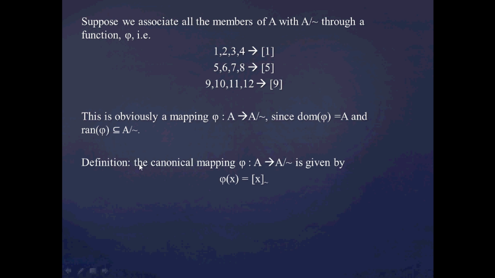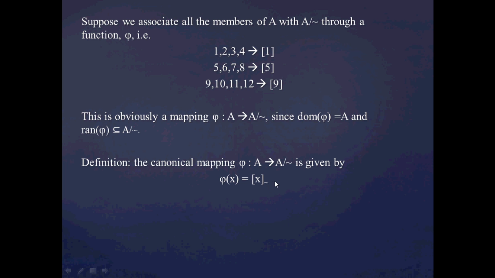So as I hinted before, we're going to define the canonical mapping phi from the set A into, and I'm going to claim onto, the set A modulo tilde, and that's going to be given by phi of any particular x being equal to the equivalence class of that x modulo tilde.